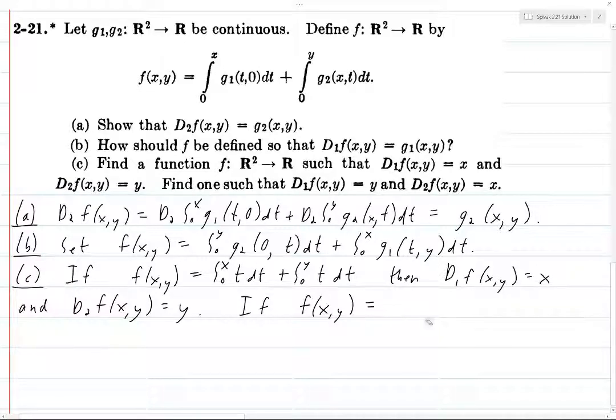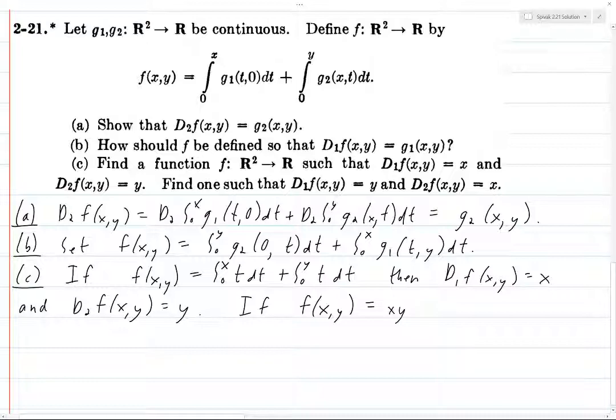Well, wait, I guess this doesn't even really make too much sense. Basically, here's what it is. It's just x times y.